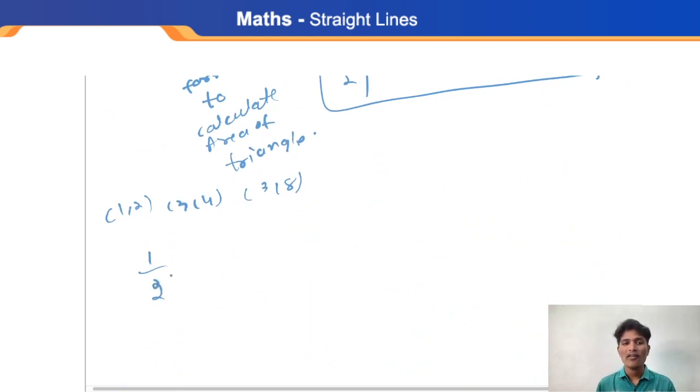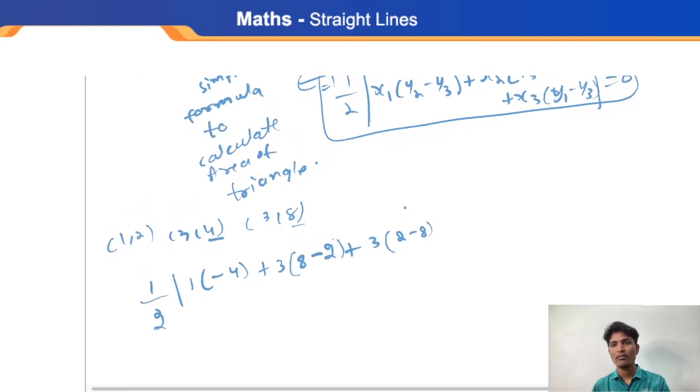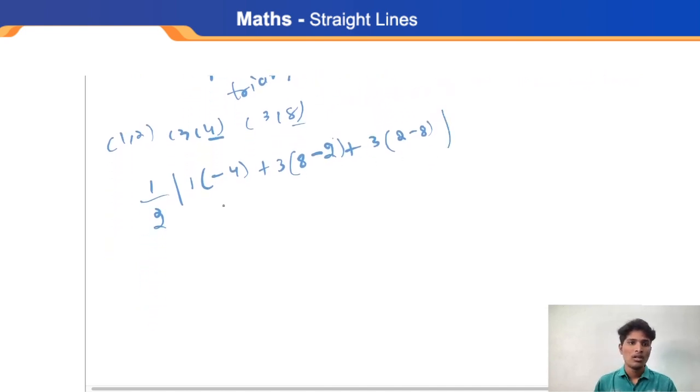That is half of modulus of the formula I said. x1 is 1 into (y2 minus y3), 4 minus 8, it is minus 4, plus x2 into (y3 minus y1), that is 8 minus 2, plus again 3 into (y1 minus y2), that is 2 minus 4. Now simplify. Here it is minus 4, here 3 sixes are 18, and here it is minus 6.